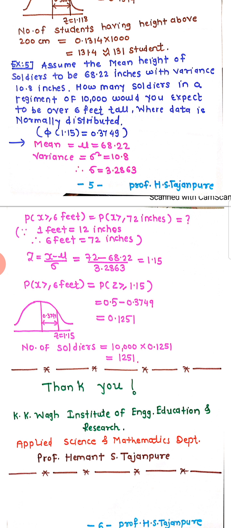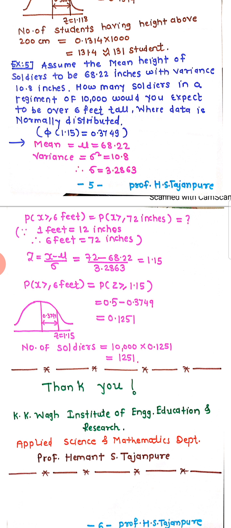So see, here again mean is given, which we denote by mu. It is equal to 68.22. Variance is equal to sigma square, which is equal to 10.8. So take the square root, you will get sigma, that is the standard deviation, 3.2863.